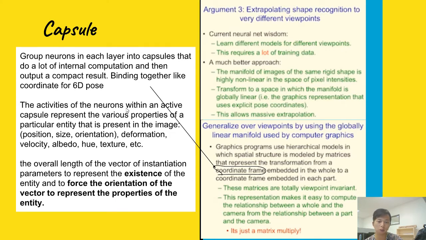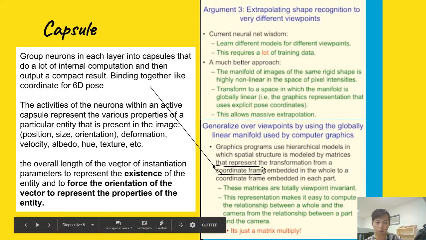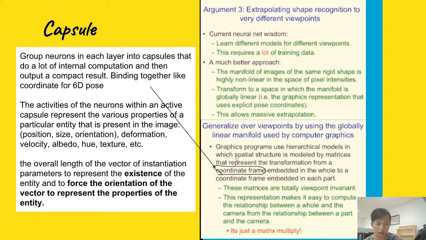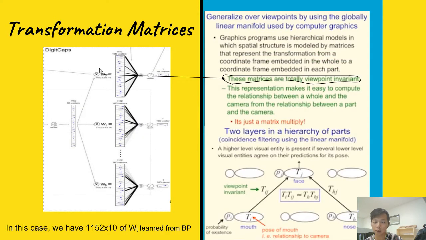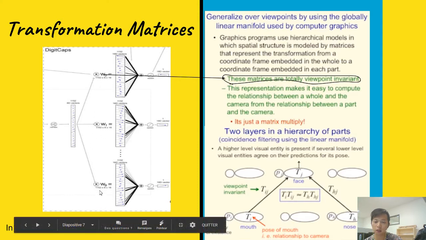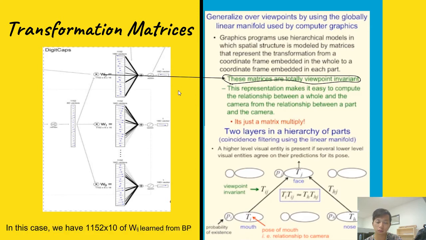So capsules are responsible for finding the coordinate frame, embedded in the whole or embedded in each part. And then we need to find the spatial structure that is modeled by matrices. That is these transform matrices during the process of dynamic routing.